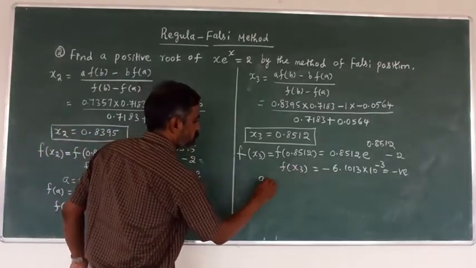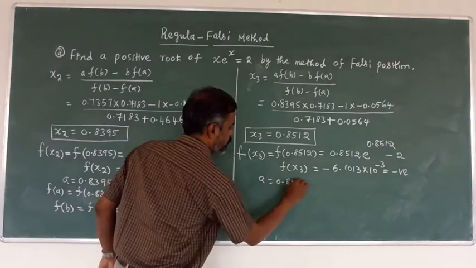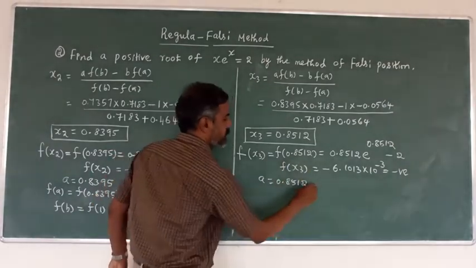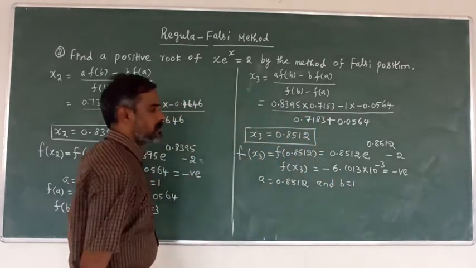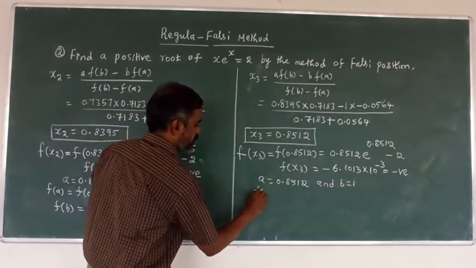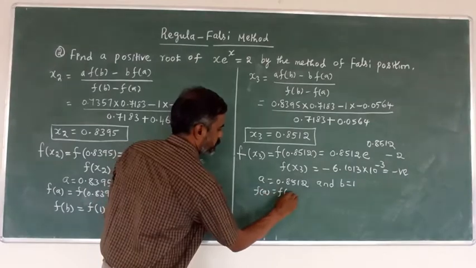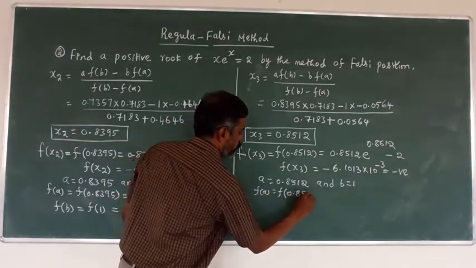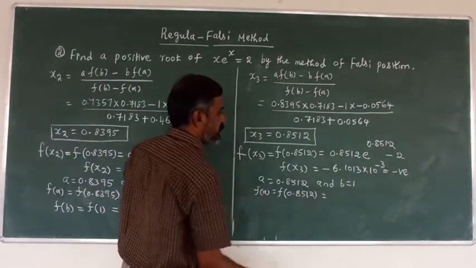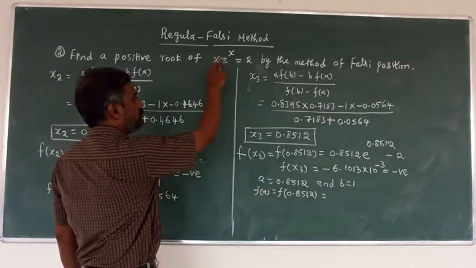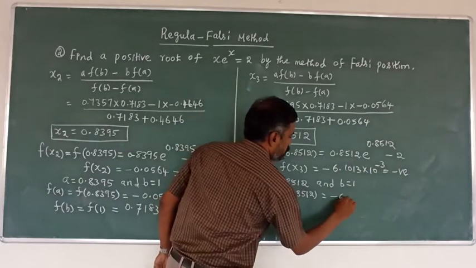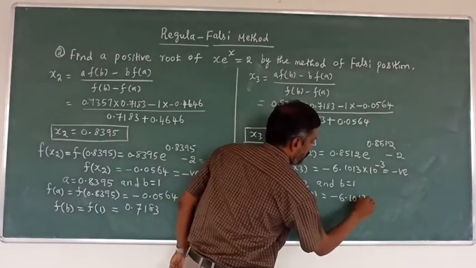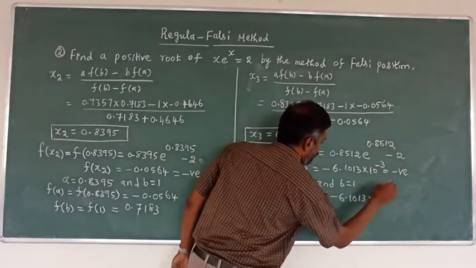Now a equal to 0.8512, this is for negative value, and b equal to 1, this is for positive value. Now f of a equal to f of 0.8512. Now to substitute in f of x here, already result 6.1013 into 10 to the power of minus 3.